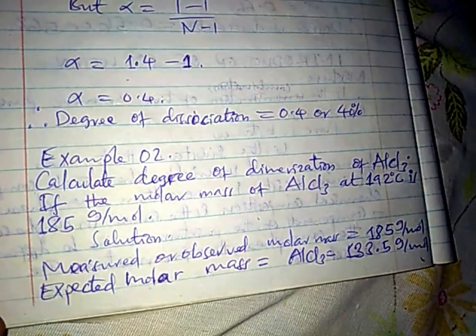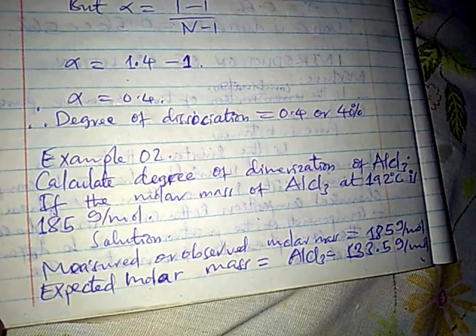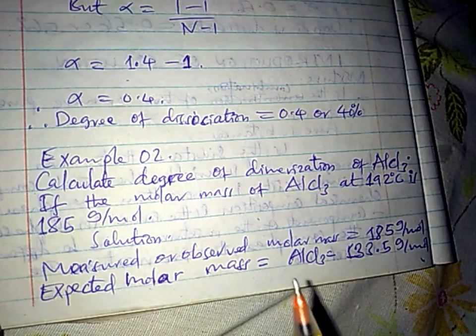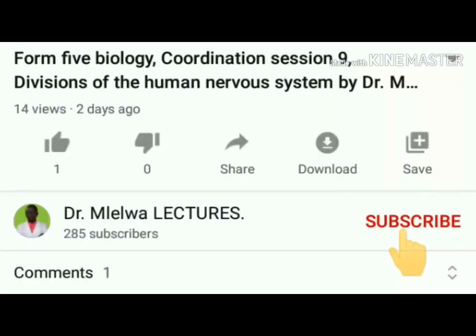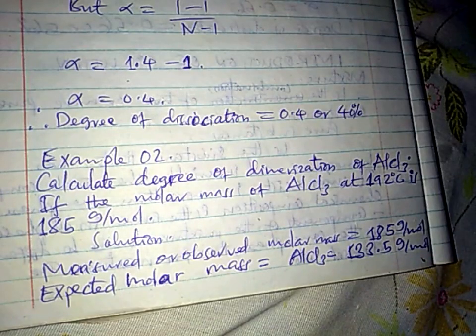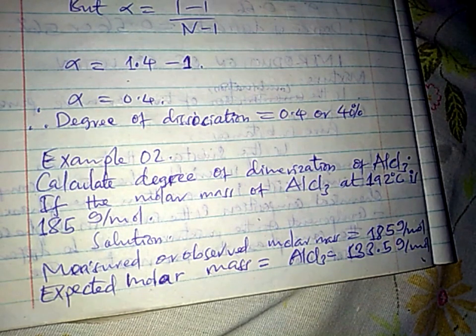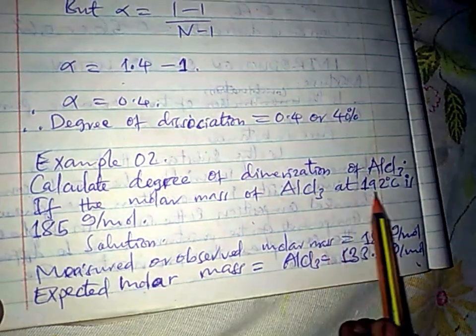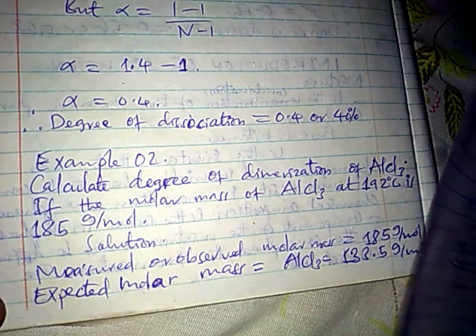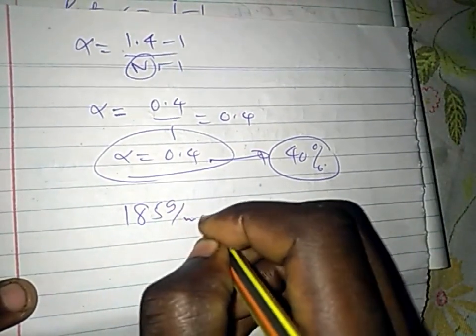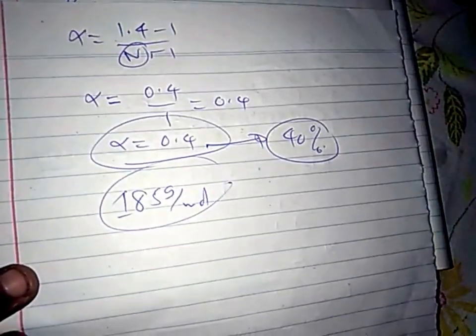In the second example, we are calculating the degree of association or degree of dimerization of aluminium trichloride. That is simply aluminium chloride, because this is an ionic compound, so we can't call it aluminium trichloride in naming. So the molecular mass of aluminium chloride at 192 degrees centigrade imekuwa calculated kuwa ngapi? 185 gram per mole.